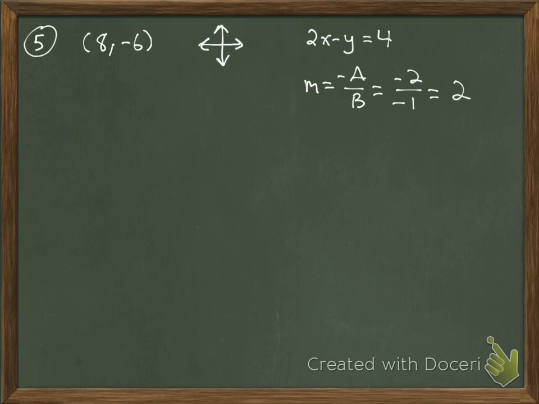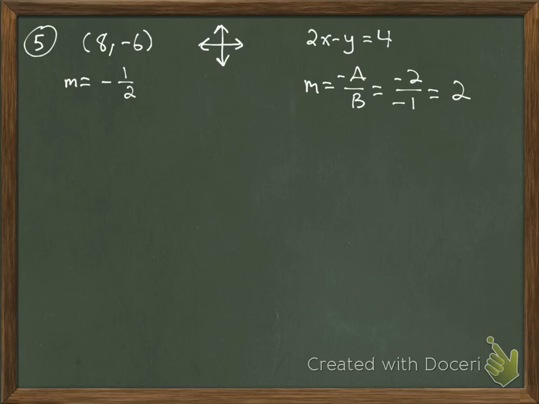Okay? And if I'm taking that slope and making it the opposite reciprocal, what will that be now, Grant? Grant? 1/2. Good, -1/2.